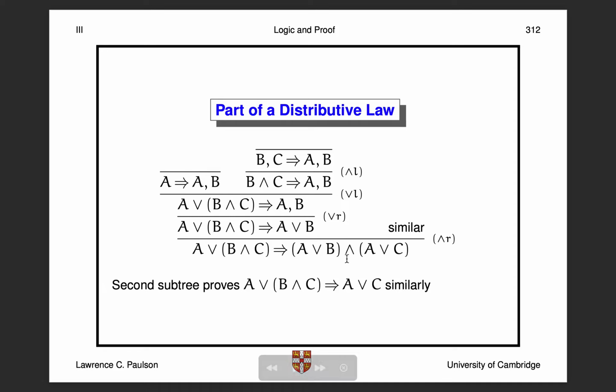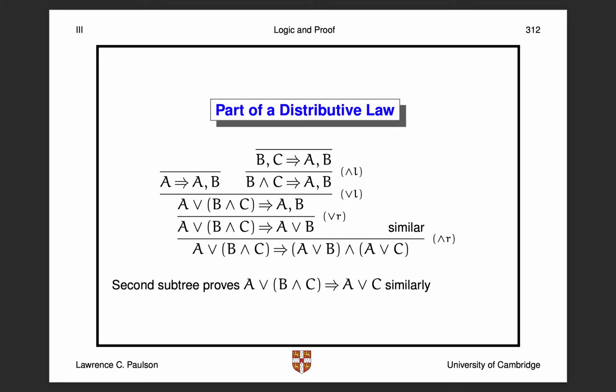And what we've got here, if you look at the right hand side, you say A or B and A or C, and it turns out these have almost identical proofs, which is why I cheated here by writing similar. A little hint if you find yourself doing exam questions, writing the word similar whenever you don't have time to finish your work is not sufficient.